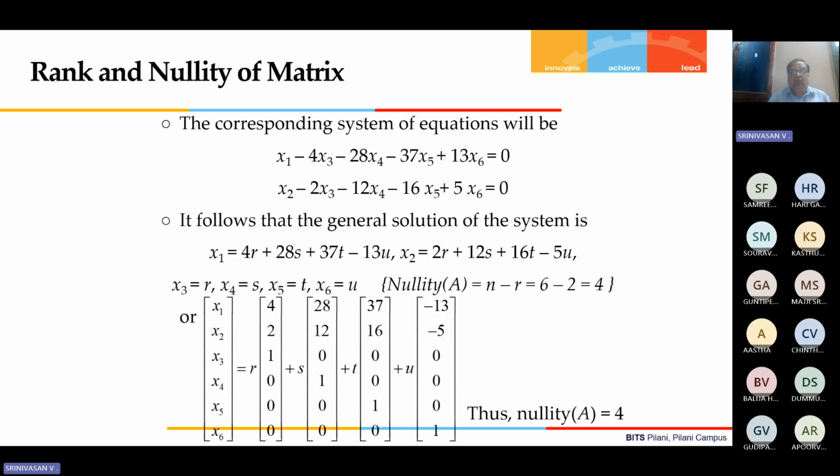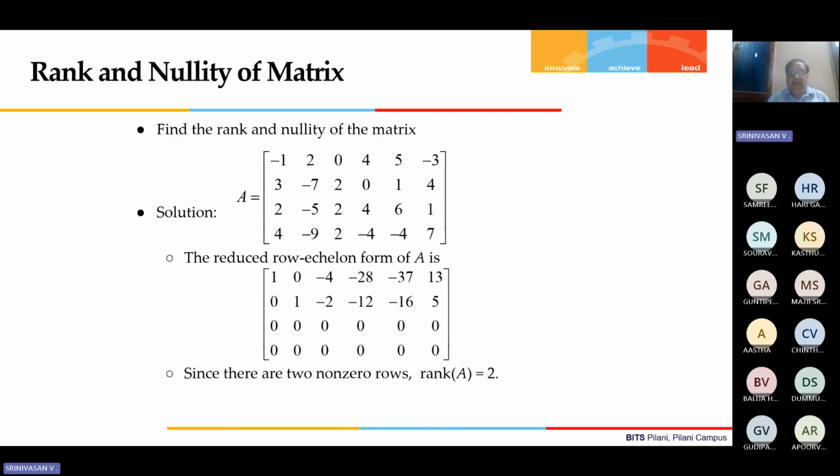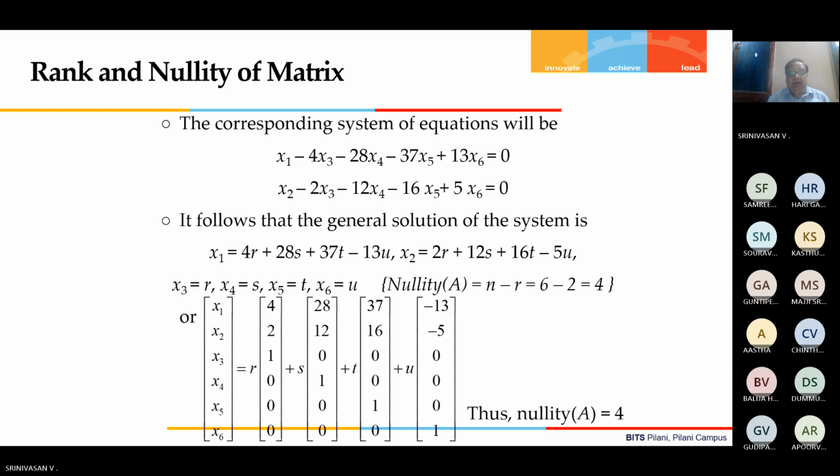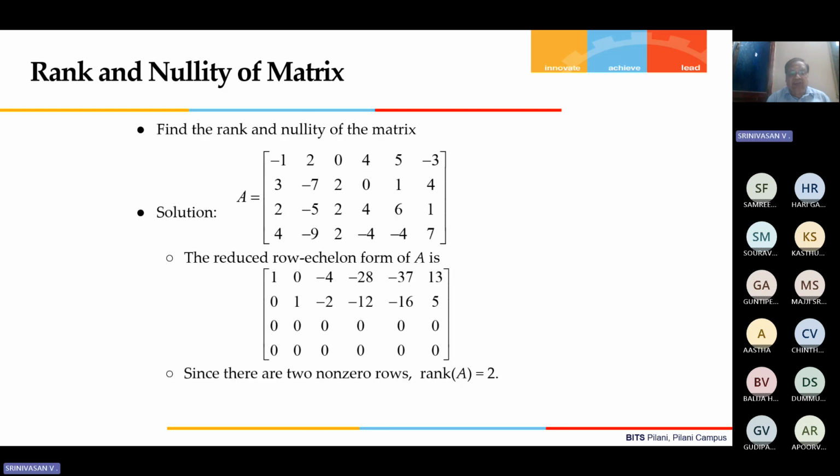Just see what the corresponding system of equations will be. Going to the reduced row echelon form: x1 into 1 plus 0 into x2 minus 4x3 minus 28x4 minus 37x5 plus 13x6.